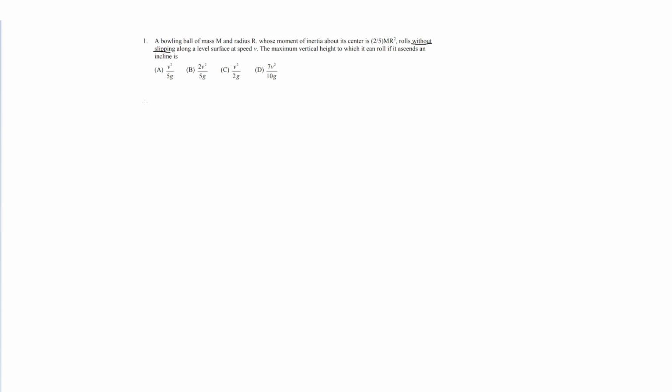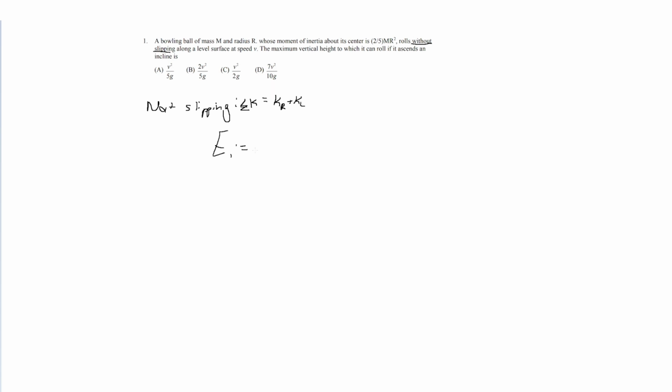So we know that since we're not slipping, we're going to have that the sum of K is going to equal K rotation plus K linear. So what we can do is we can apply the law of conservation of energy to say that the initial energy is going to equal the final energy, right?